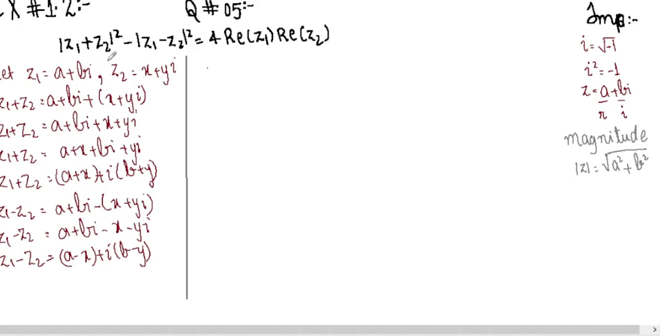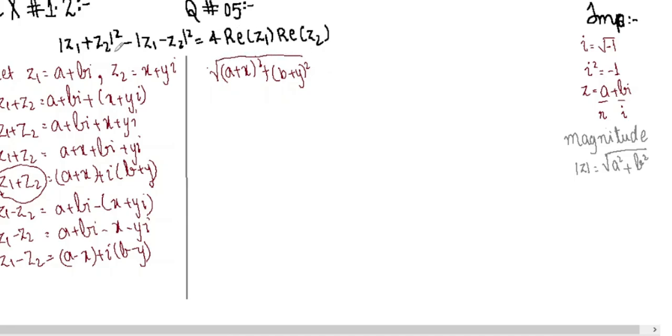Now we have to find the magnitude of z1 plus z2 and again the magnitude of z1 minus z2. So what is the magnitude equal to? It is equal to the square root of real part square plus imaginary part square. So we write it as the square root of the real part of z1 plus z2, which is a plus x, whole square, plus its imaginary part b plus y, whole square. I am circling it so that we don't forget.